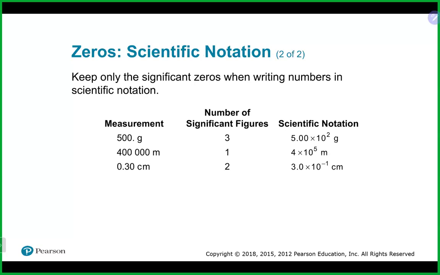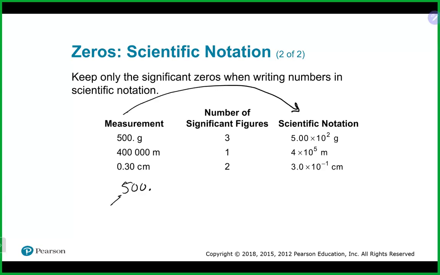Now, when you write a number in scientific notation, or you take a number out of scientific notation back, you do want to maintain the proper number of significant figures, especially when you're going from regular form to scientific notation. So when we look at this 500, the way it's written, it has 3 significant figures.